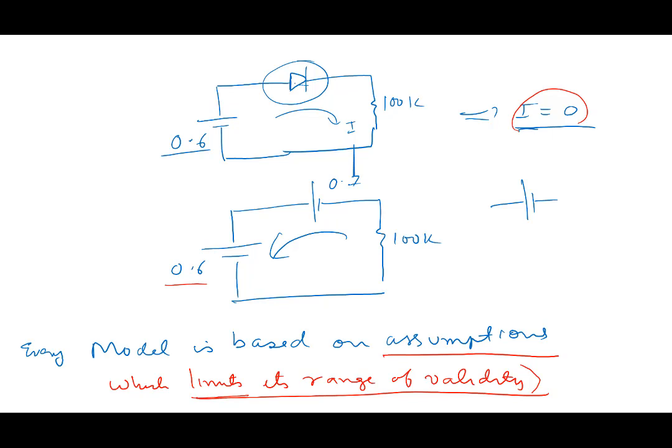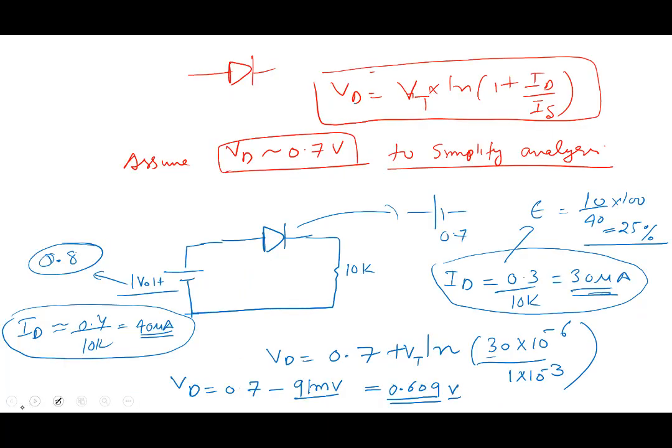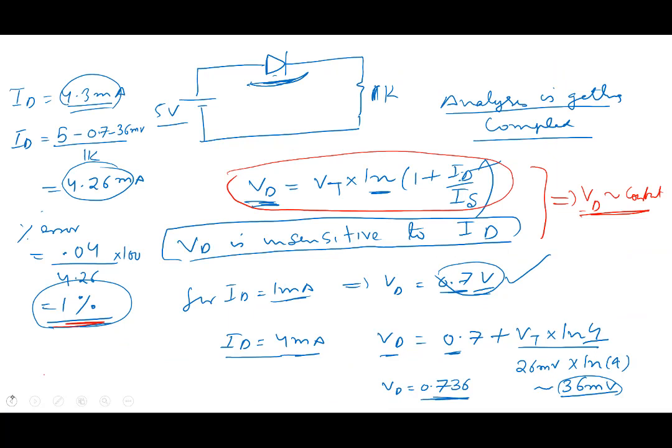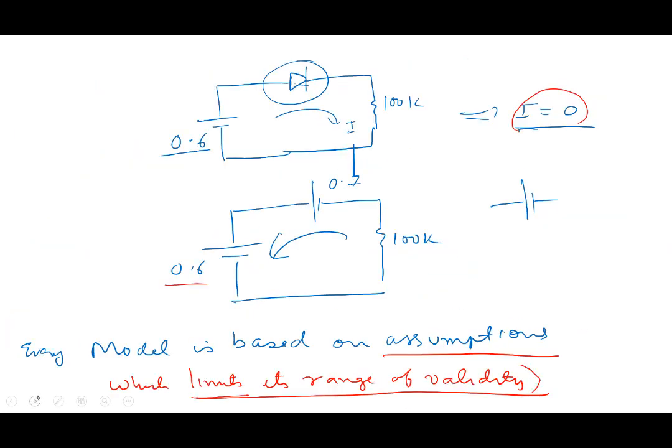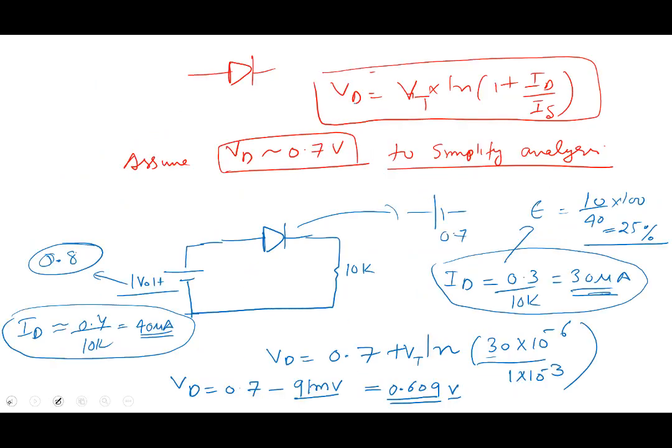Now this is giving you a hint where you can apply it. For example, you go back and see here. You could apply it here. It gave you only 1% error. But you could not employ it here. It gave you 25% error here. What's the difference between the two?